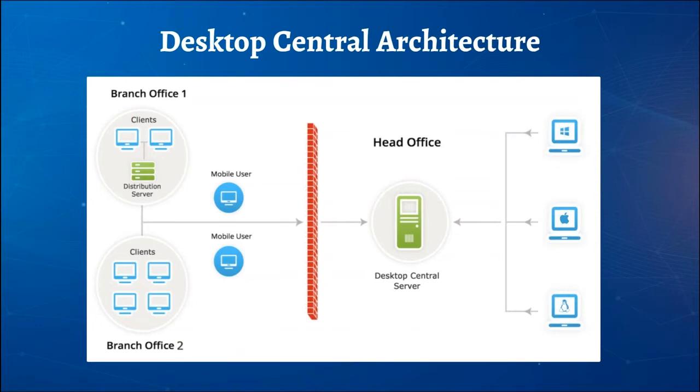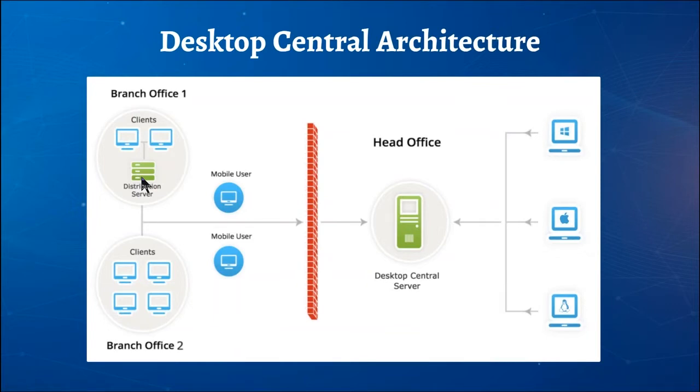When a patch or a software task is created for the machines located in this remote office, the client machines will not directly reach out to the main server to download the patches. Instead, the distribution server will reach out to the server and download the patches, and the client machines in turn will download the patches from the distribution server.